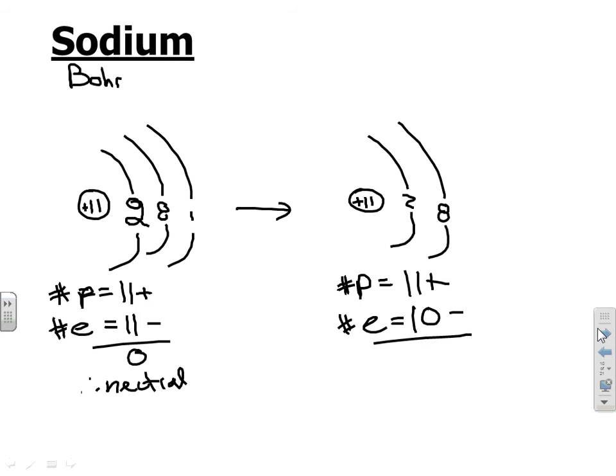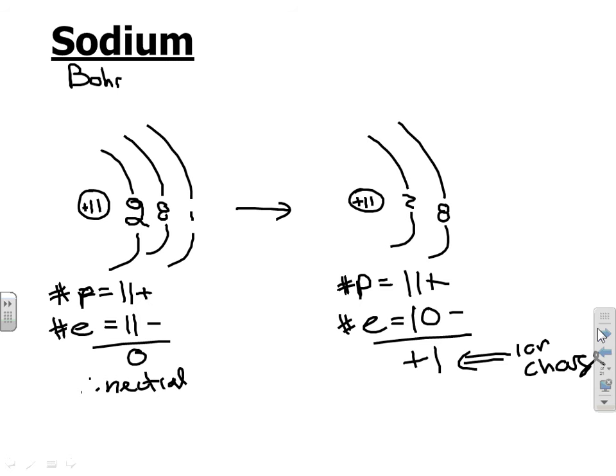What's it going to be? Plus 1. Don't worry about whether you put the positive before or after. This is a positively charged ion, all right? It is a +1 ion. That is the ion charge, okay? The ion charge.